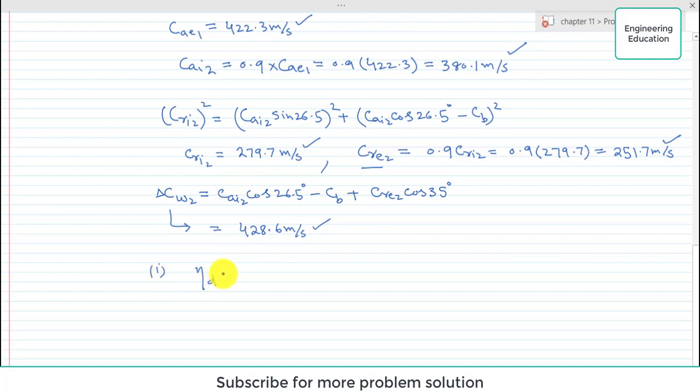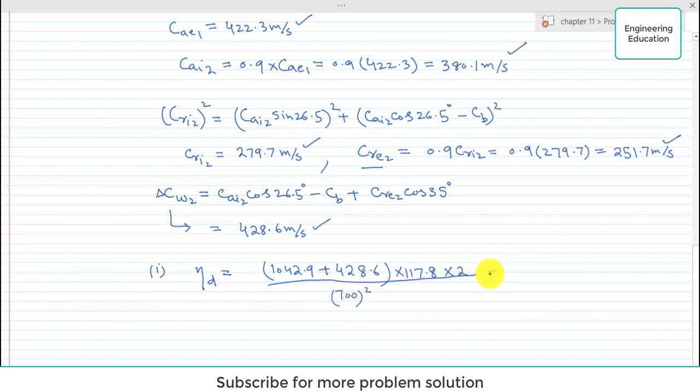Diagram efficiency is equal to delta CW1, which is 1042.9 meter per second, plus delta CW2 is 428.6 meter per second, into blade speed, which is 117.8 meter per second, and multiplying it with 2, because the input energy is the kinetic energy, and that is CAI square, which is 700.